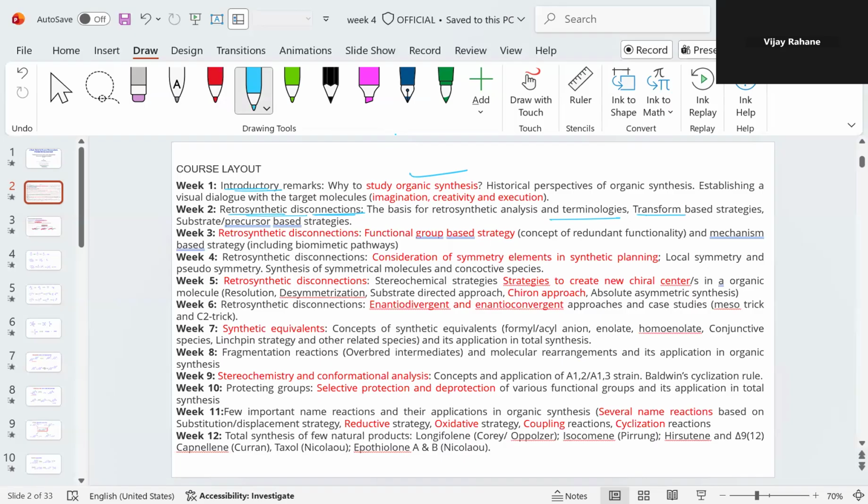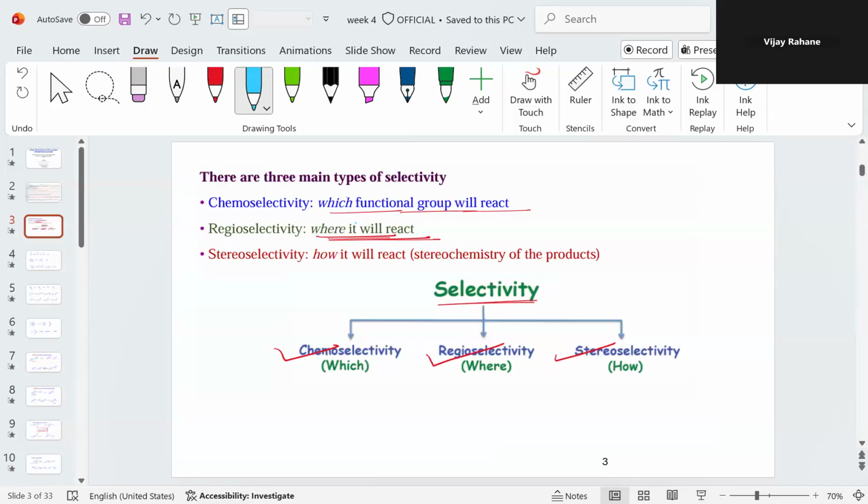Now we are slowly moving to some advanced problems in the field of this retrosynthesis.